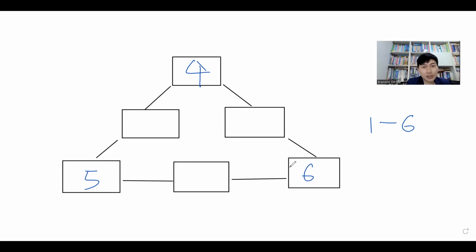Then again, I want to spread out the bigger numbers and place the smaller numbers in between. So I may want to place the smallest number, which is 1, in between the two bigger numbers, 5 and 6. All right, I may want to place my 2 here, and I may want to place my 3 here. And then now I will check again.